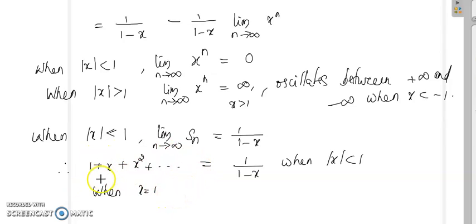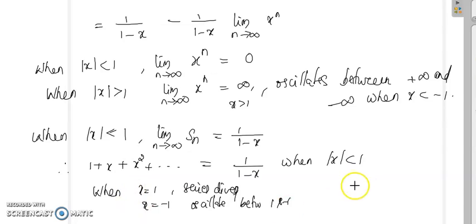The series diverges because when you add up the ones, that is going to be infinity. And again when x is equal to minus 1, your sum can be either 1 or minus 1. So the sum will oscillate between 1 and minus 1. So when x equal to 1 and minus 1, the series diverges again.